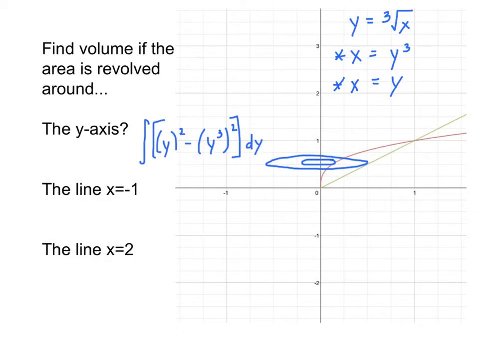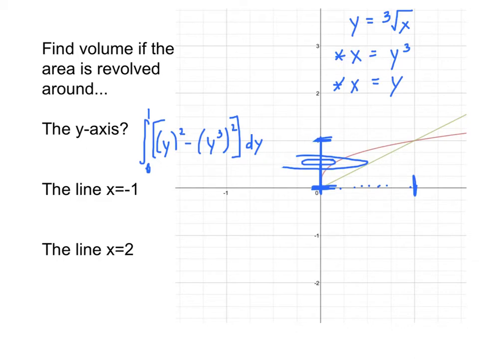Now the bounds in this case, we used to always go from 0 to 1, and in this case the bounds are the same, but you've got to remember to change just in case. You're going to go 0 to 1 because it's in terms of y. You no longer want to track along the x-axis, you want to track along the y-axis. So our bounds would be 0 to 1. They are the same, but that's only because the intersections are the same in both x and y. Okay?